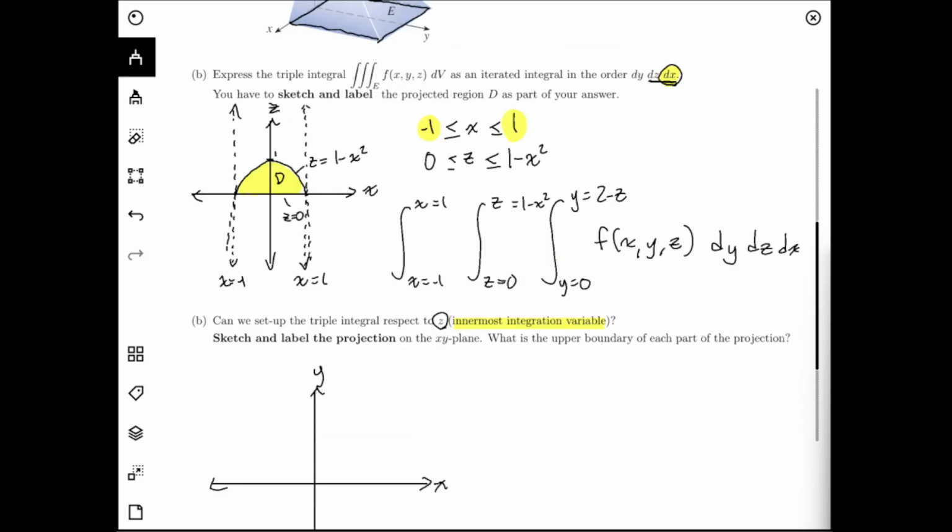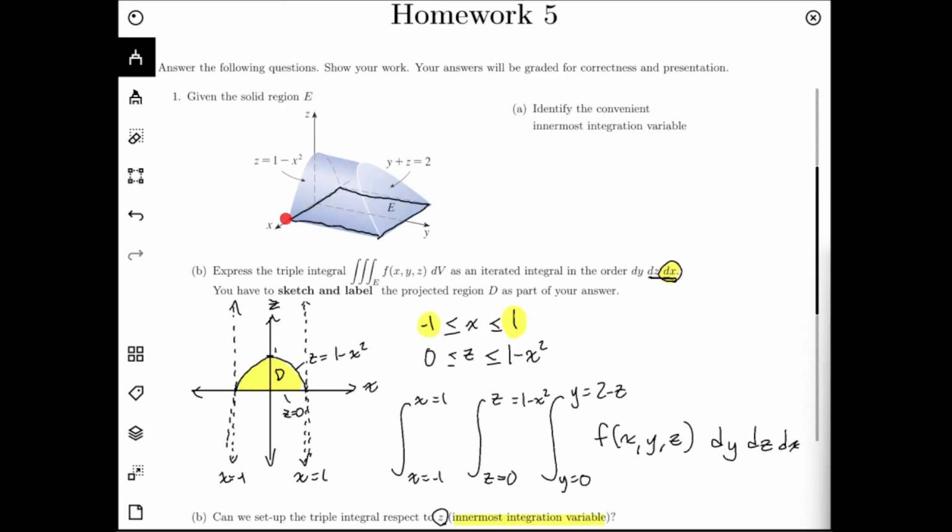So, where are our intersections? I think that we found out earlier that this is x equals 1. This is x equals negative 1. And then down here, what will this be? Okay, so we have z equals 2 minus y.